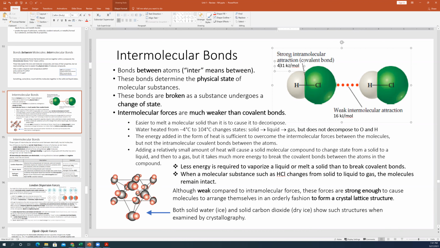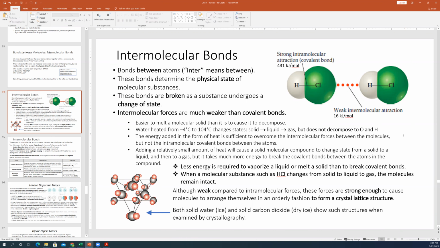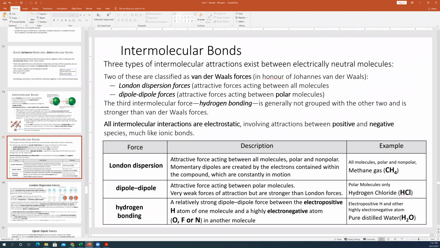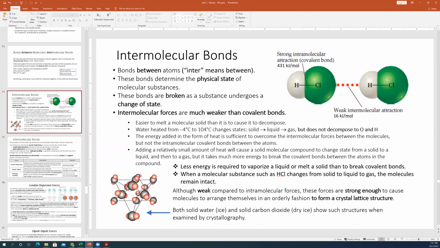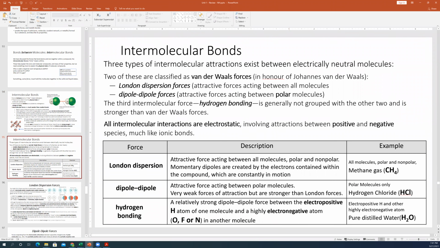Okay. So here we talked about London dispersion forces, dipole-dipole, hydrogen bonding. And remember, these are not actual bonds, like they are in the sense of a covalent bond, but in this case, they're just more attractive forces.